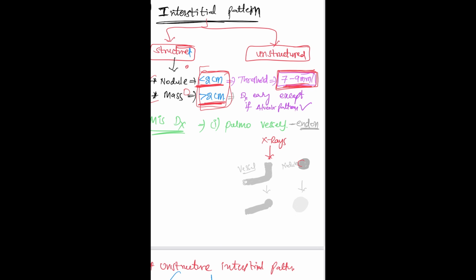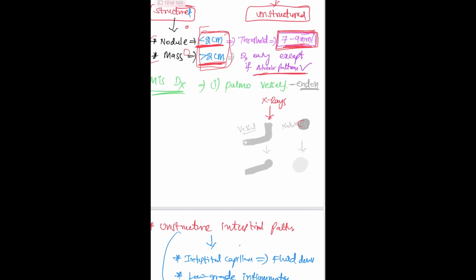The only exception is if any alveolar pattern coexists with the mass, then it is very difficult to diagnose through the radiograph. There are a few chances where you are going to misdiagnose normal structures like the pulmonary vessels as nodules. That happens if the vessels are projected end on. For example, X-rays are coming like this and the vessel is here, and end on projection means this particular portion of the vessel is parallel to the X-rays.